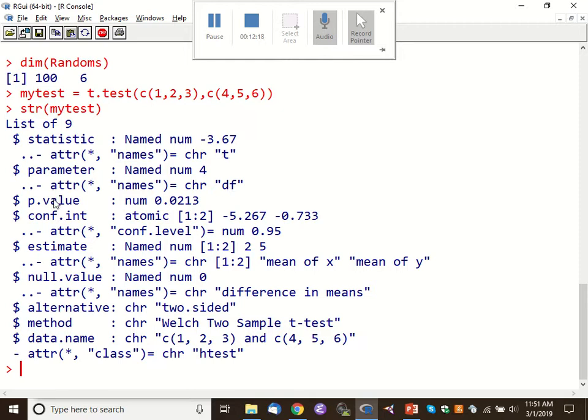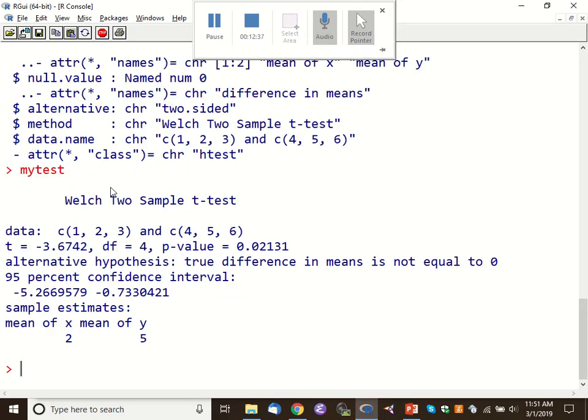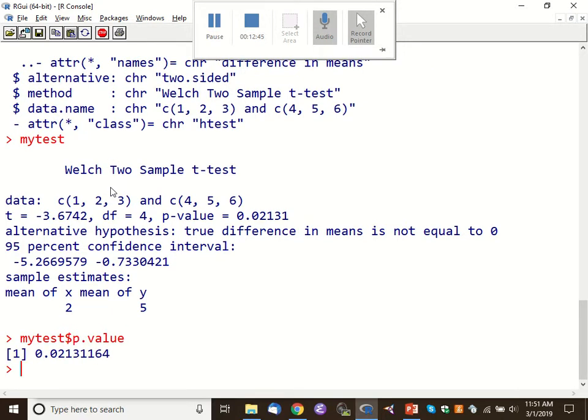It has a p-value, a confidence interval, an estimate, a null value, and the alternative hypothesis, etc. So the t-test is returning this complex object, and from it, we're going to extract just one thing, just the p-value. If we look at my test by itself, we get back this pretty printed version of all those values, but we can grab out just the p-value like that.